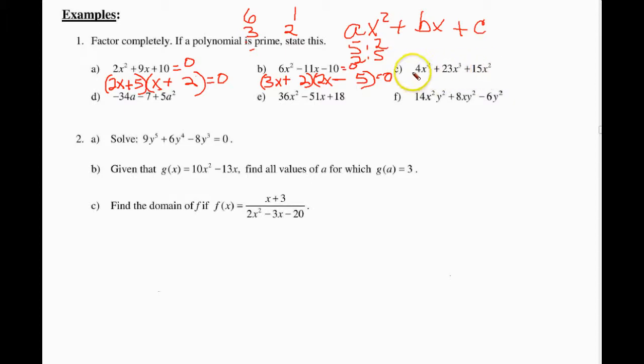Okay, for something like C now, as we look at it, I know I can factor out an x squared out of each term. So this gives me 4x squared plus 23x plus 15.